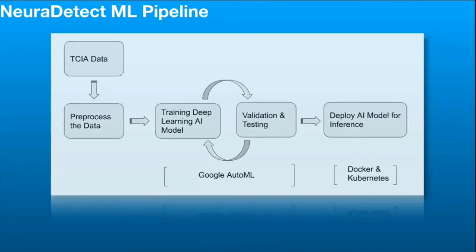Then we use Google AutoML to train, validate, and test the AI algorithms. Once the AI model is trained, a Docker image is created using Docker. We use Google Container Registry, and then deploy it using Kubernetes Engine, again from Google. Kubernetes Engine helps us with any scaling needs, making sure that any fluctuation in demand is taken care of.